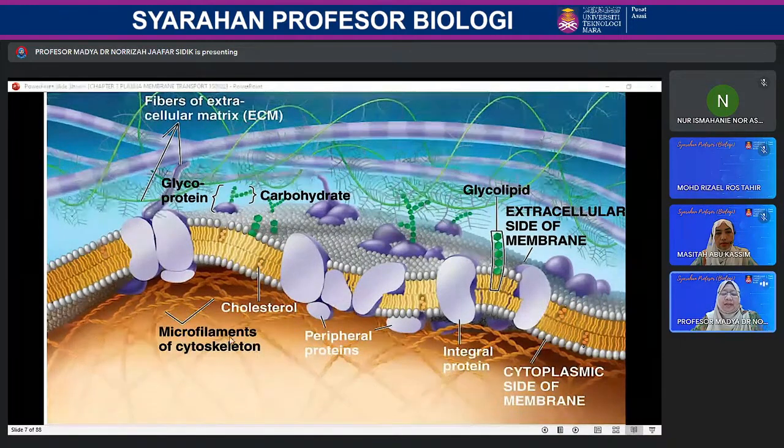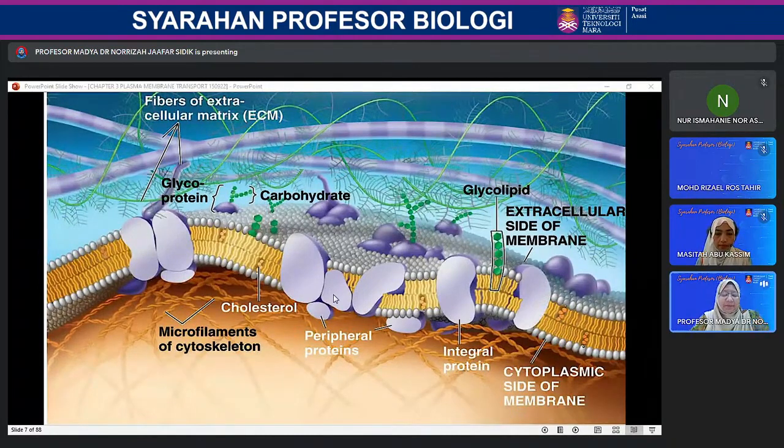It also has integral proteins. This integral protein extends through both layers. There may also be other integral proteins that do not extend through both layers, right?